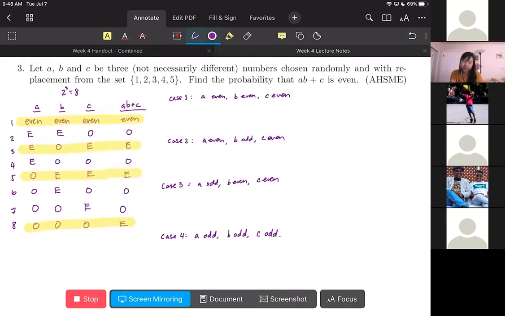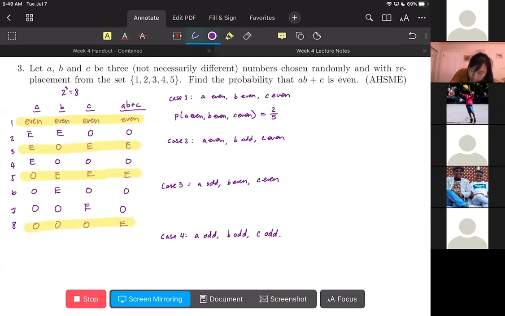All right. So now let's find the probability that each of these cases happen. In the first case, what is the probability that we pick A, B, and C from the set 1, 2, 3, 4, 5, where A is even, B is even, and C is even? Any ideas? Well, since there are 2 even numbers, 2 out of 5 would give us even numbers.